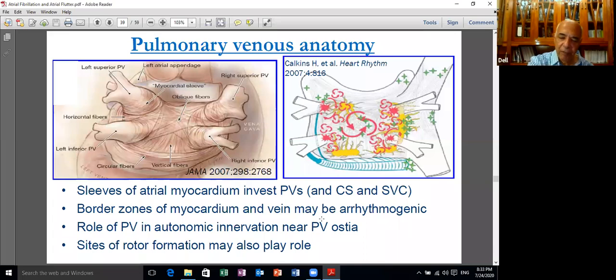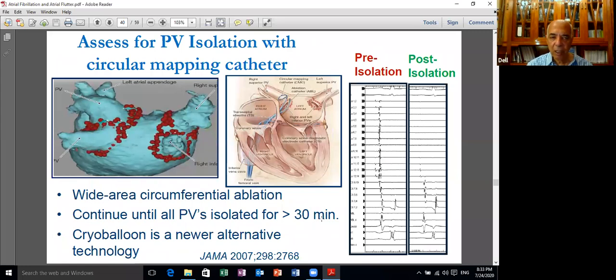and that is the driving force behind the invention of pulmonary vein isolation, which can be done around the pulmonary veins themselves, or as a wide area of circumferential ablation, which is called WACA, wide area circumferential ablation.